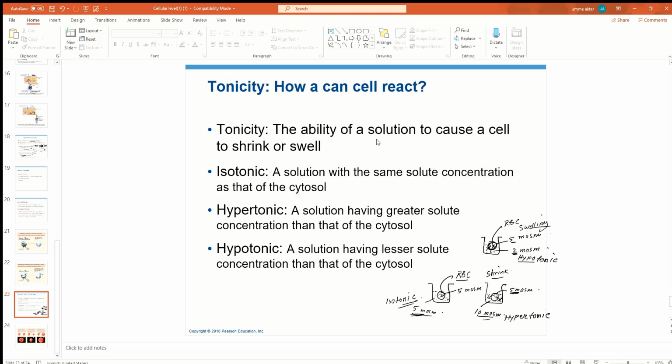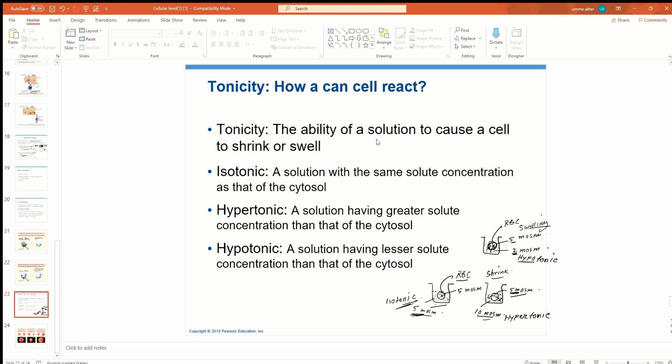So you see that in isotonic solution, no change. In hypertonic, the cell will shrink because the water will get out. In hypotonic, water will get in from low to high, so the cell will get bigger, enlarge, and may rupture. Okay.